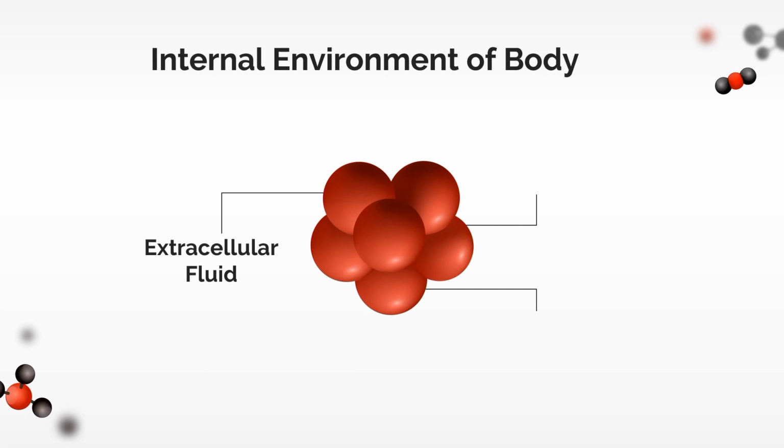Similarly, the respiratory system transfers oxygen from the external environment into the plasma. And this plasma is ECF. And this is how ECF creates the internal environment of the body.